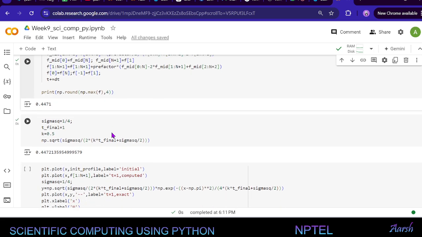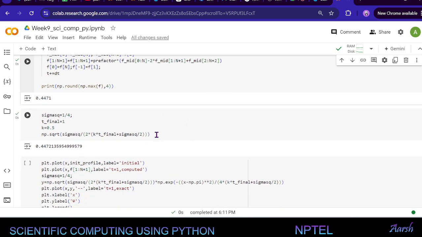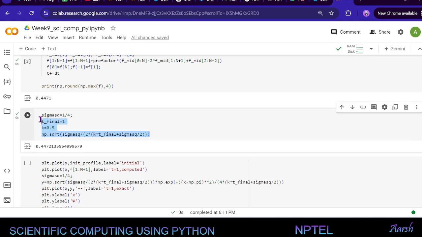Okay. And last time I tried to explain this formula, and you can look it up online also. So how the diffusion occurs for an initial Gaussian profile: it stays Gaussian, but the standard deviation increases. So using that, you can actually find the answer. Okay, so let me just write.